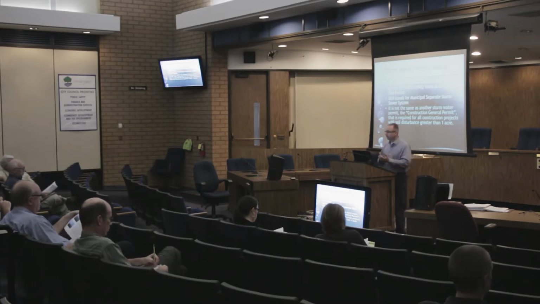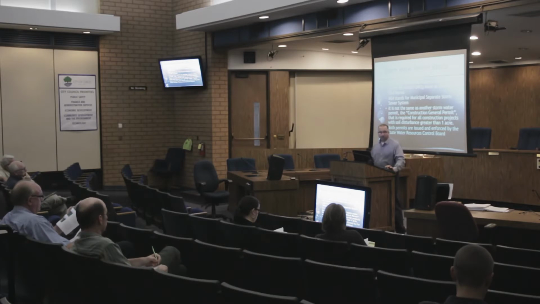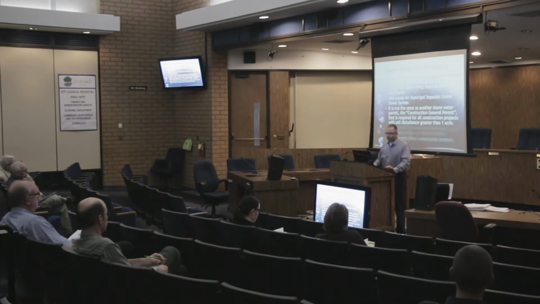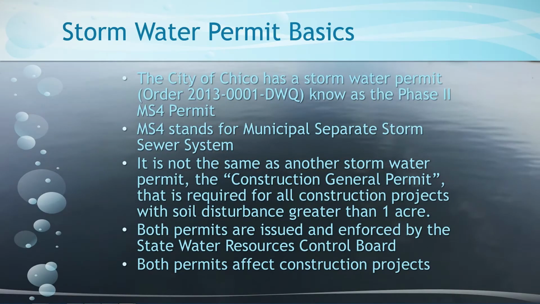In fact, there's even some overlap. We'll even use very similar terms, and so I'll try to keep those separate for you. So both permits are issued and enforced by the State Water Resources Control Board, and both affect construction projects. But they affect them in different ways, as we'll see.